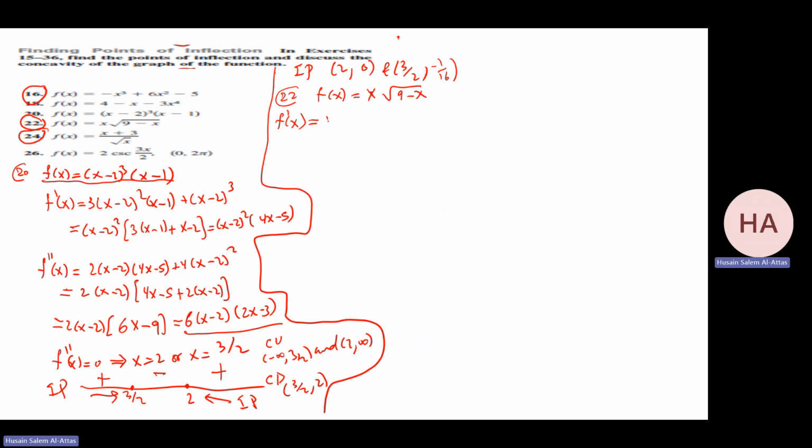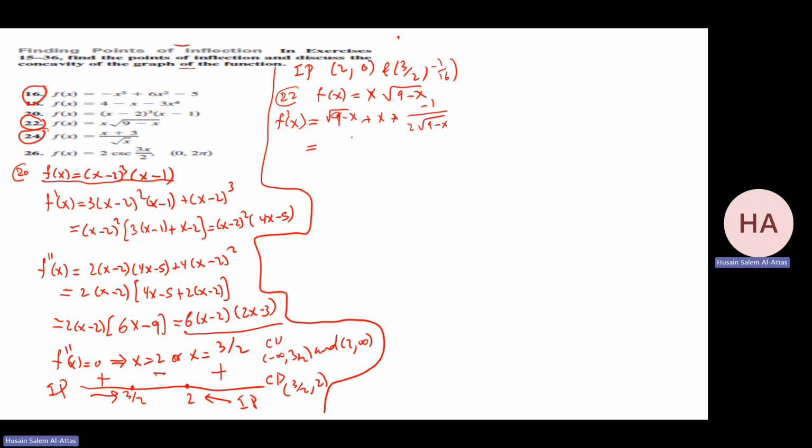That gives me square root of 9 minus x plus x over 2 square root of 9 minus x times minus 1. All of this over, no, not this.